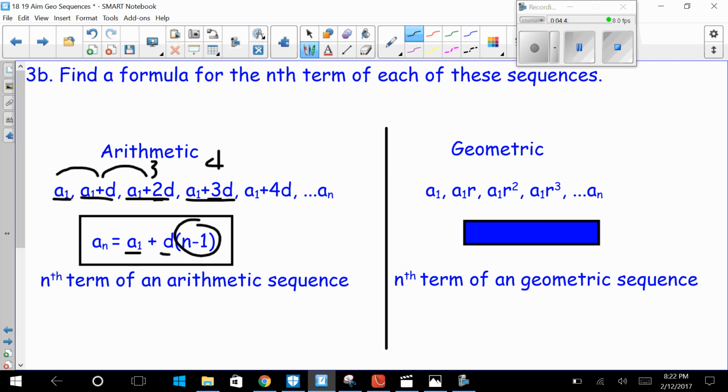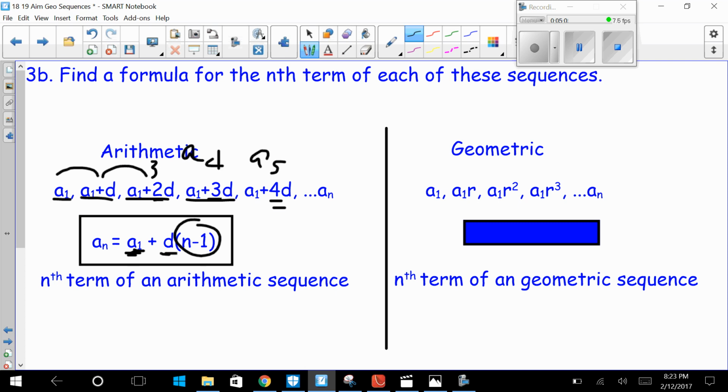This 3 is 1 less than 4. This 4 stands for the fourth term, a sub 4. This is a sub 5. So the subscript is 1 more than the number multiplied by d. That's how we got that: we started with a sub 1, and you add d n minus 1 times.